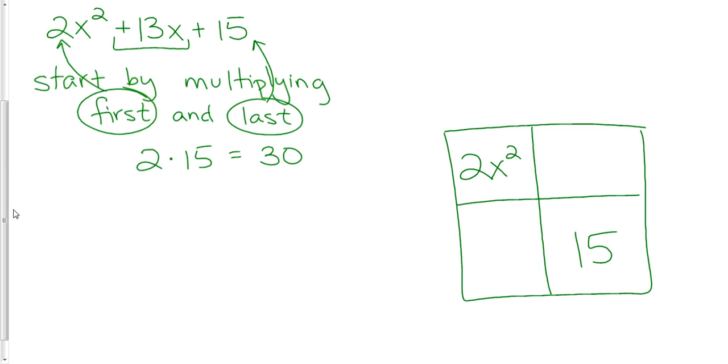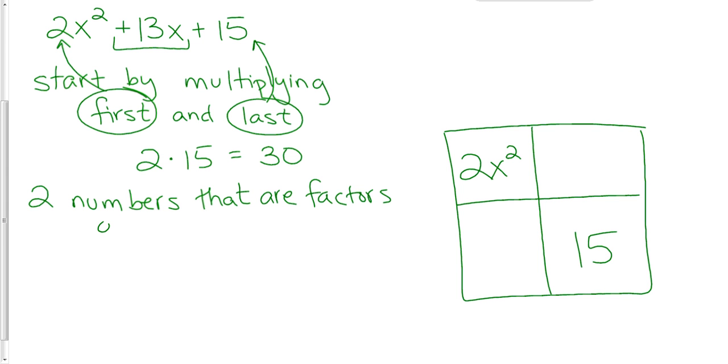And now I need 2 numbers that are factors of 30 and add to 13, which you'll recall was that middle term. Okay?